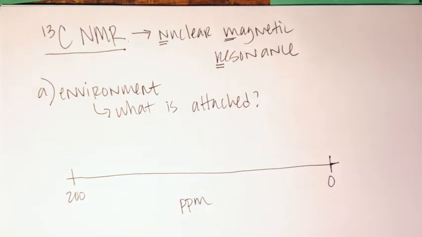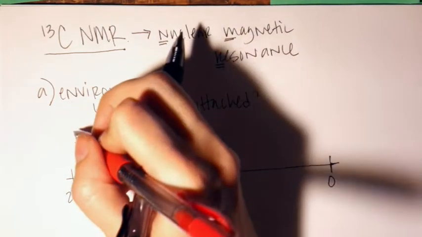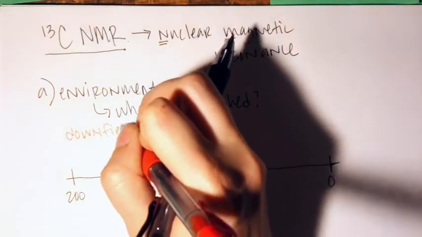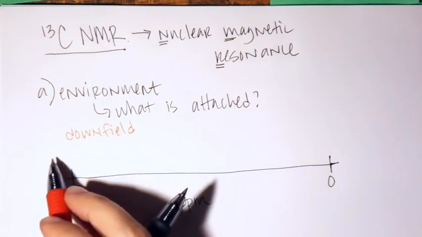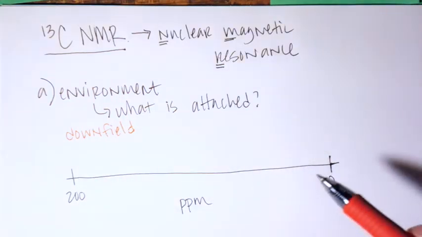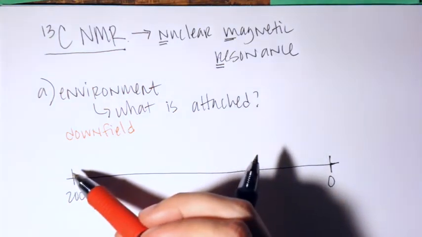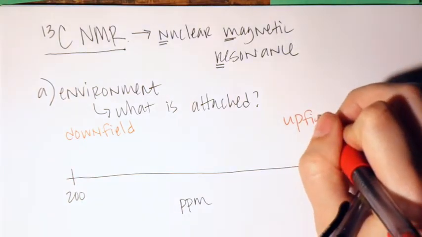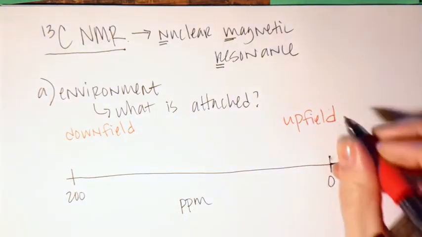So the numbers don't really mean anything specific, but it's where they are on the spectrum that tells us kind of what's attached. And so some terms that you need to know associated with this is that over on the left side of the spectrum, we call that downfield. And so the more downfield you are, the more left you are. And then to the right, we call that area upfield.